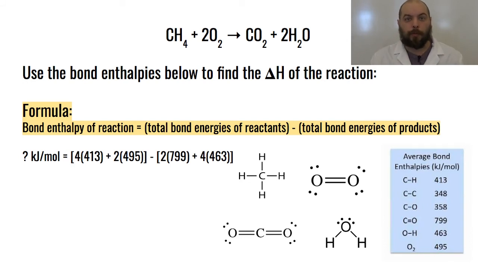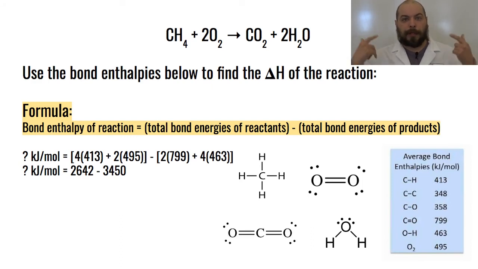Now what do I do? Well, if you remember back to what we talked about just a little bit ago, the delta H of a reaction is equal to the bond energies of my reactants minus the bond energies of my products. Okay? So, why? Well, if we think about this as heat of formation, right, the reactants are breaking apart. It's a positive process.